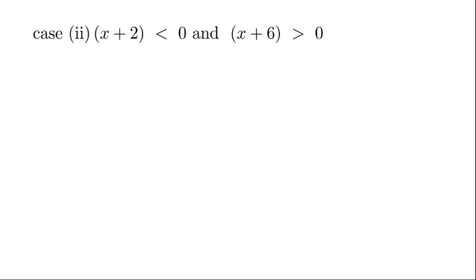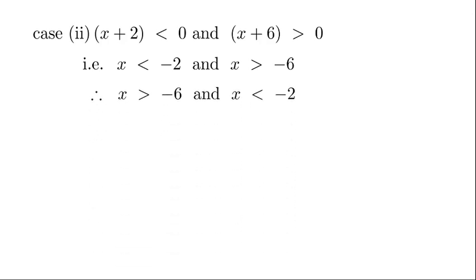Second case, x plus 2 less than 0 and x plus 6 greater than 0. That is x is less than minus 2 and x is greater than minus 6. Same thing put in the reverse order: x greater than minus 6 and x less than minus 2.